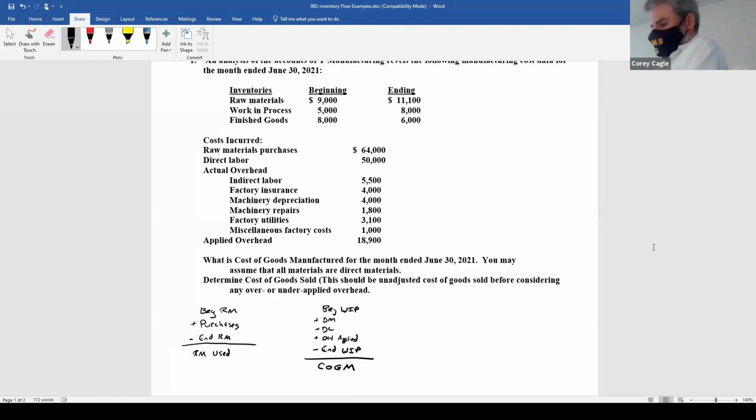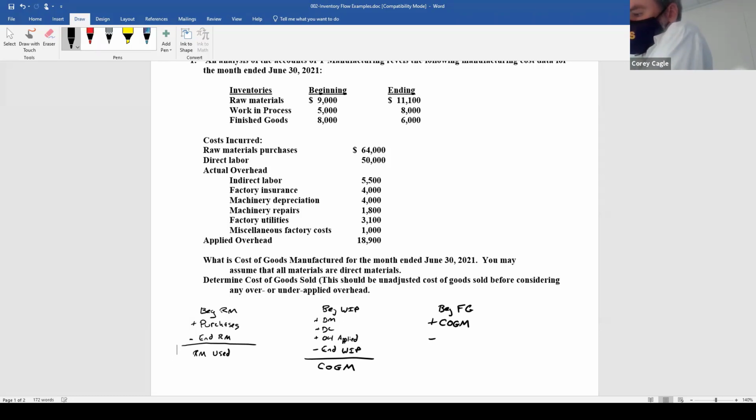And then our third formula is similar as well, dealing with finished goods inventory, beginning finished goods. Add to that the cost of the goods that you did finish during the period, cost of goods manufactured. That would total up cost of goods available for sale.